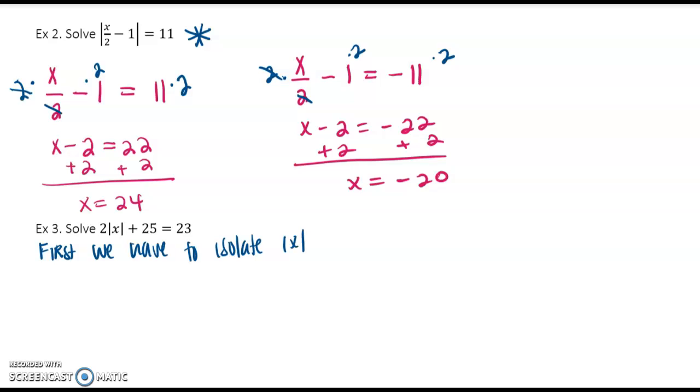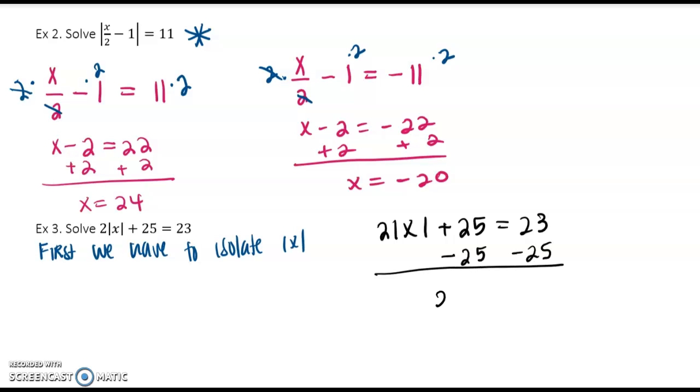So I'm just going to go ahead and rewrite it over here. 2 absolute value of x plus 25 equals 23. So I'm going to subtract the 25. You get 2 absolute value of x equals negative 2. Then go ahead and divide by 2.